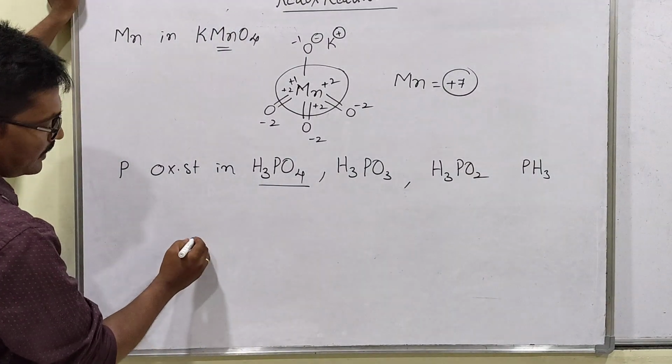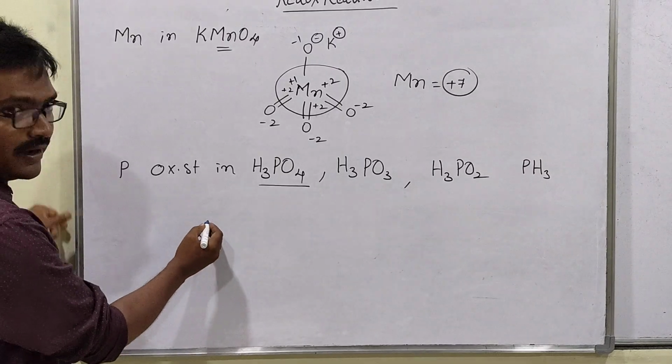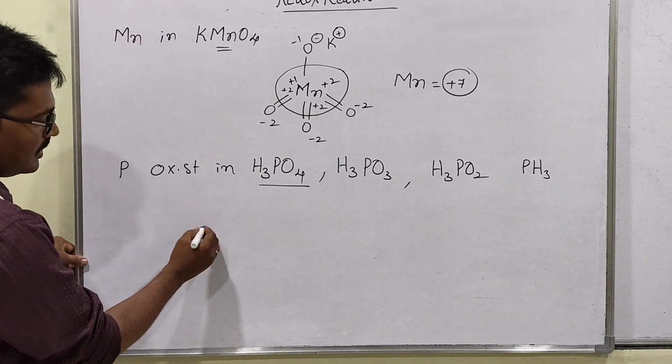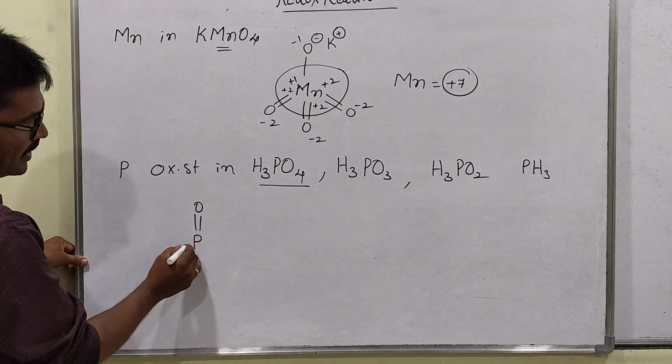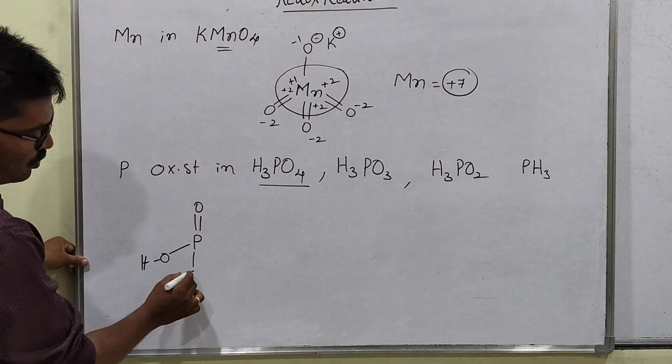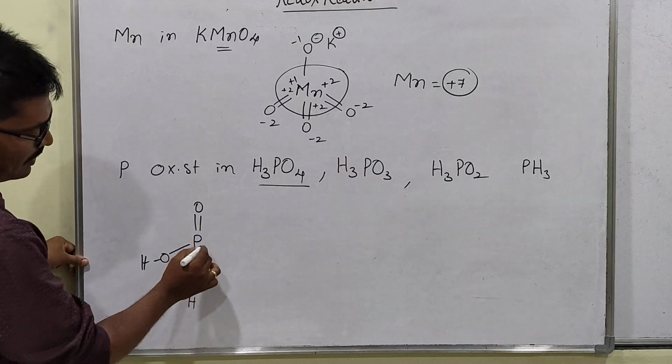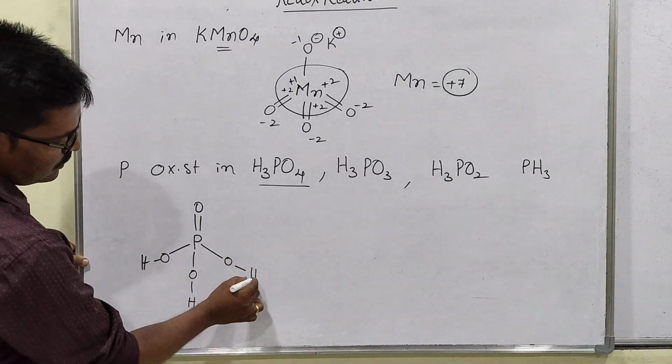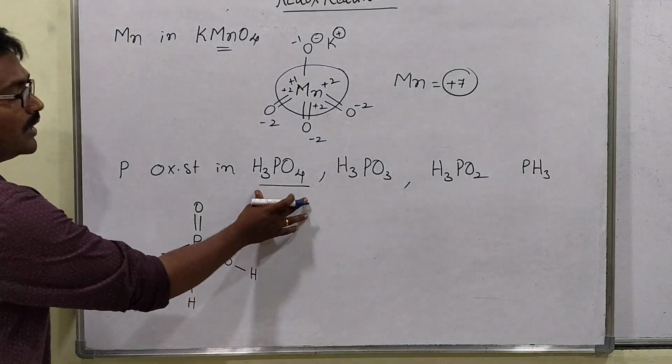H3PO4 first, we take phosphorus, then look at my dear students, then double bond O, then O bond H, then O bond H, then O bond H, like this it will be. H3PO4 it is.